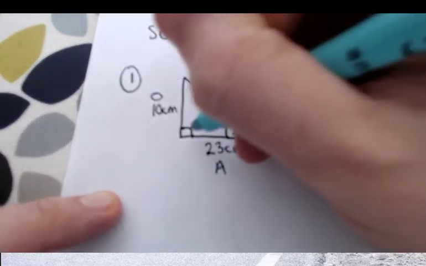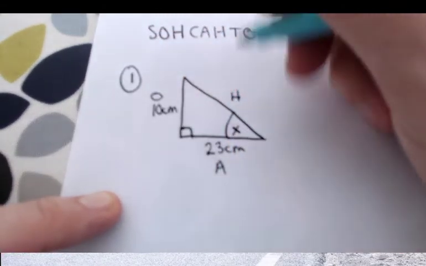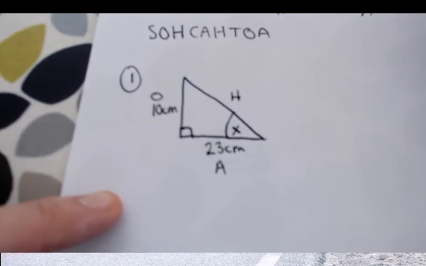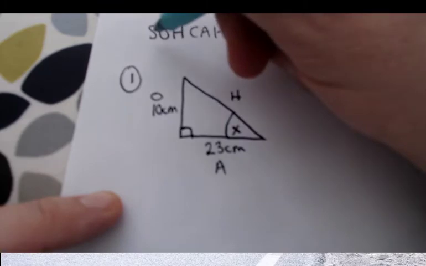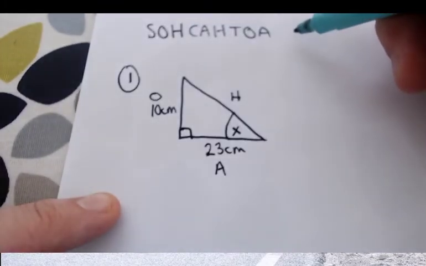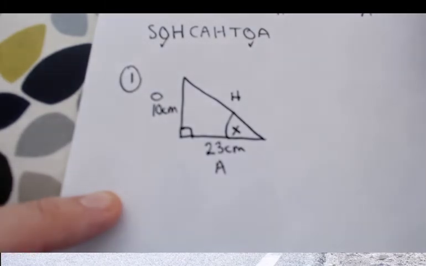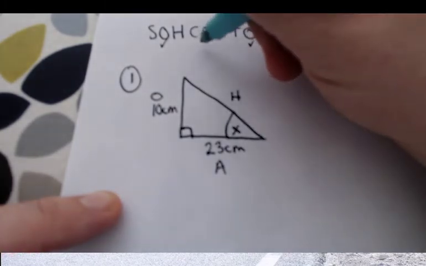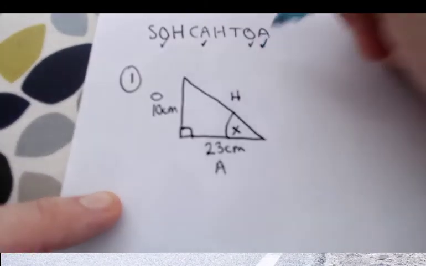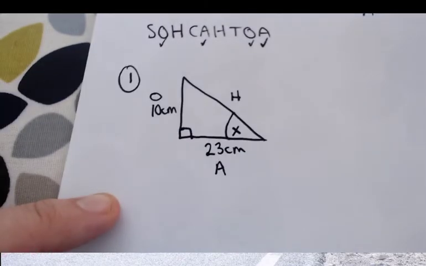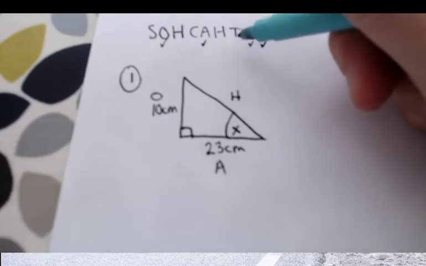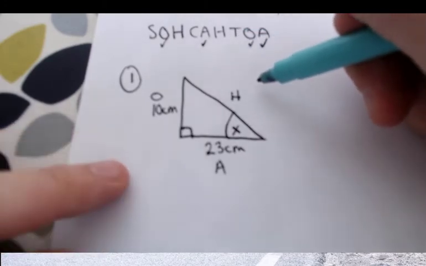Remember the hypotenuse is always opposite the right angle box. So what two sides do we know? We know the opposite side and the adjacent side. So up in my rule, I'm going to tick the O, wherever I see it, because we've got the opposite, and I'm going to tick the A, wherever I see it. Only one of the rules has two ticks. That is tan. So tan is the rule we're going to use to answer this question.